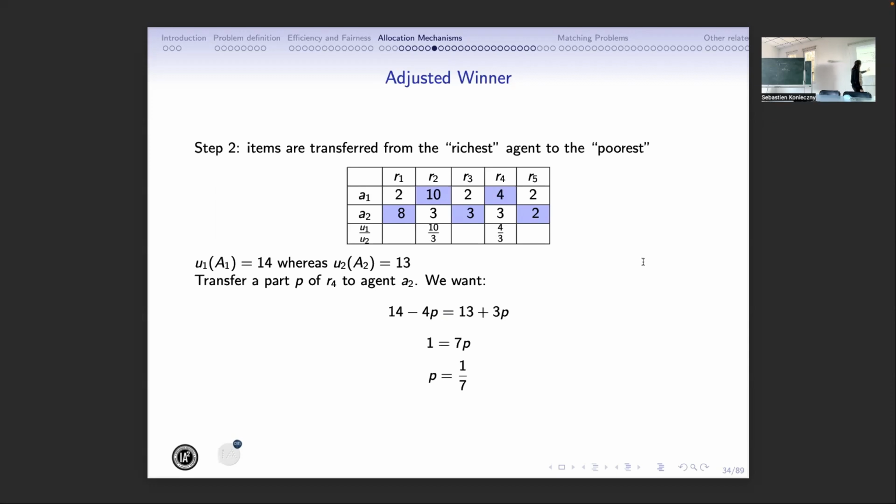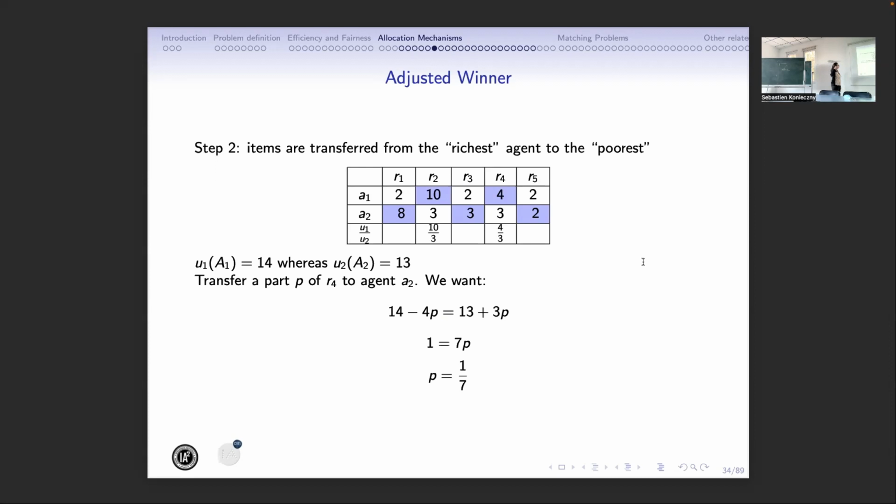The minimum ratio is for R4, but if we transfer R4, we will have only 10 for the first agent, and then R4 will belong to the second agent, so we will have 17 for the second one. So we will have the inverse of what we have here.